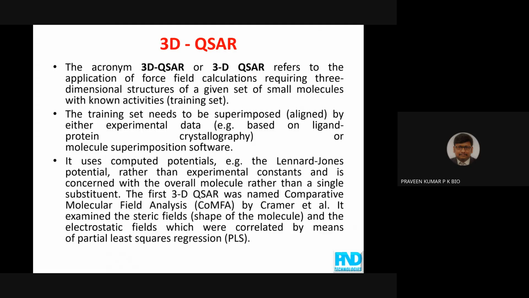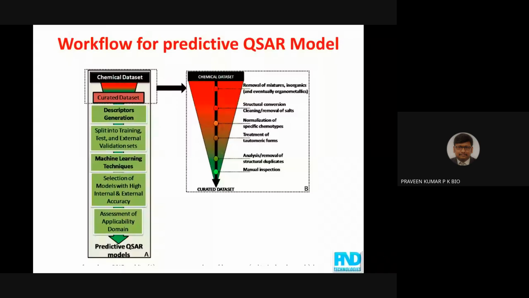3D QSAR we can predict from well-known tools like CoMFA, which means comparative molecular field analysis. This is present in a tool called Sybyl. Sybyl is a product of Tripos, and it has modules like CoMFA and CoMSIA for predicting through 3D QSAR.